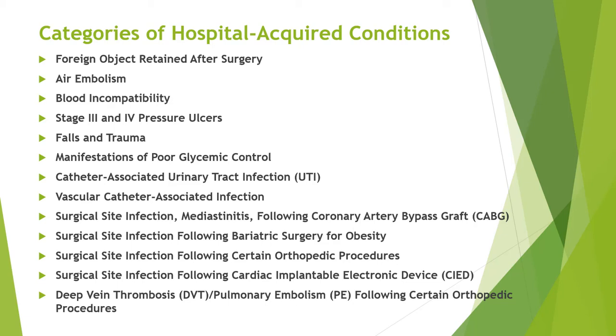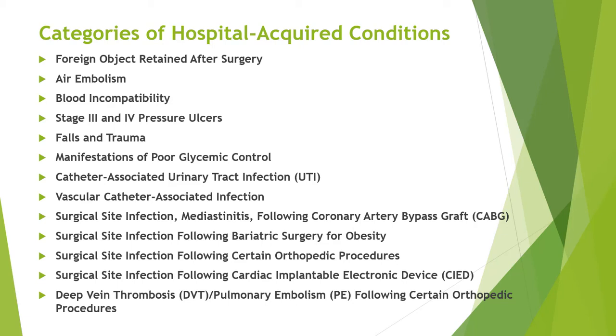The CABG is when you're grafting coronary arteries. Bariatric surgeries like gastric bypass. Certain orthopedic procedures, like if you get an infection after you've had a joint replacement. And then the infection following the cardiac devices. A DVT or pulmonary embolism following orthopedic procedures like joint replacement.